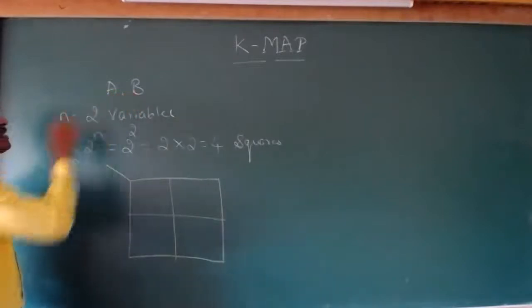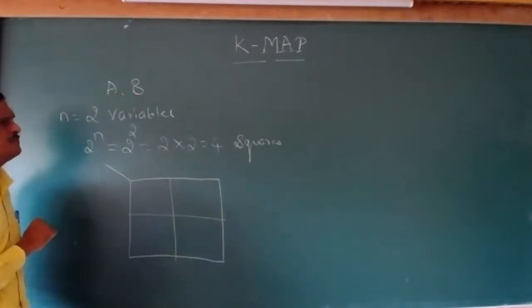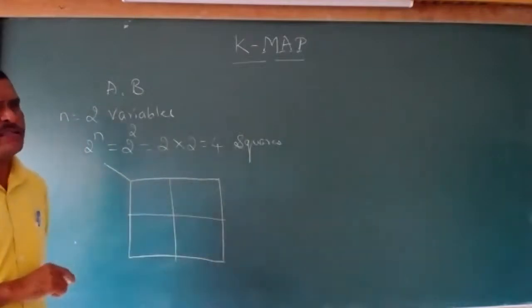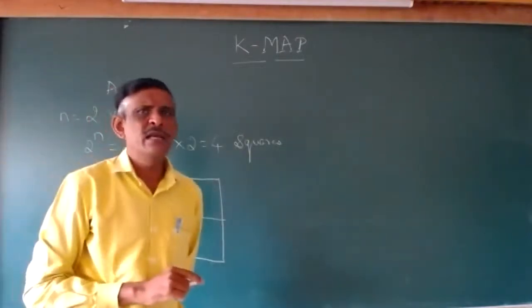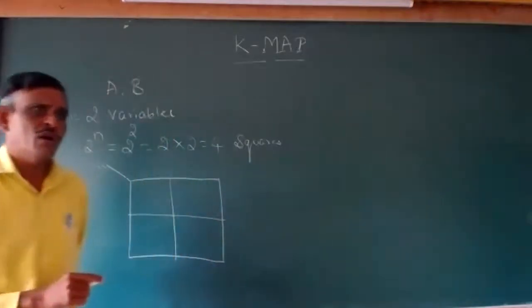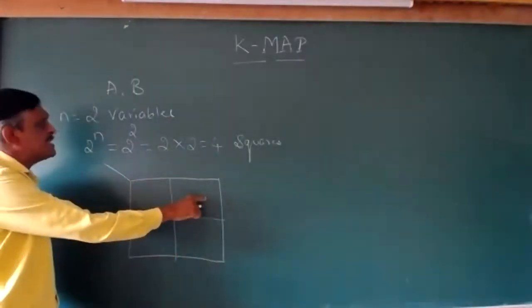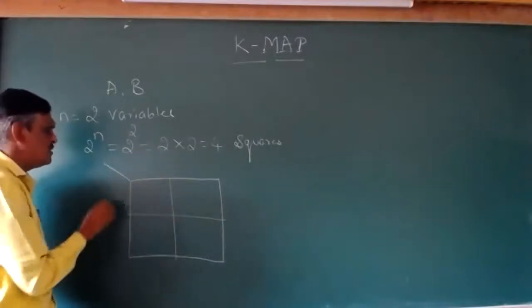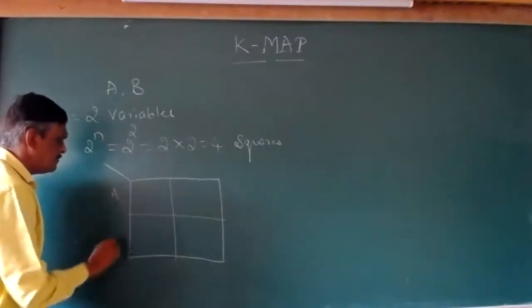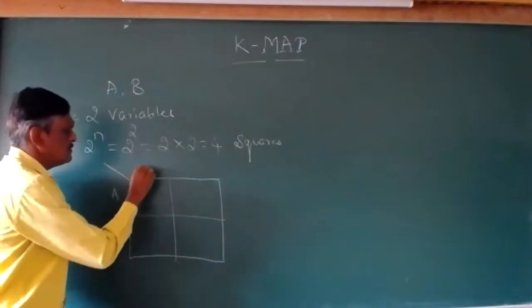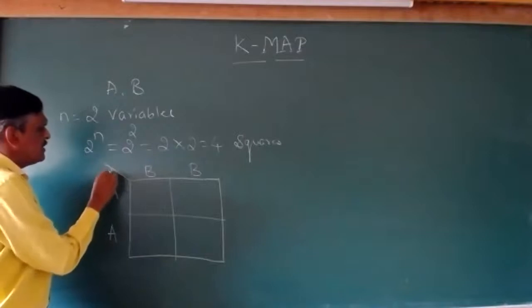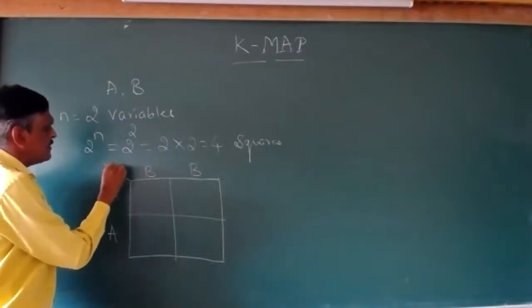A and B are the assumed variables here. So if A and B are the two variables, then the first variable you can use for rows, and the second variable you can use for column representation. So I write A, B. I even mention it here: this side A, this side B.